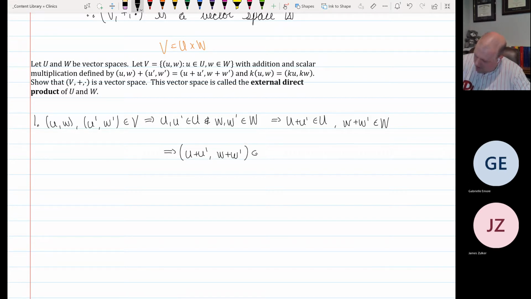Which means that that would be in V. Right, and so that sum is in V. So we do have closure under addition.